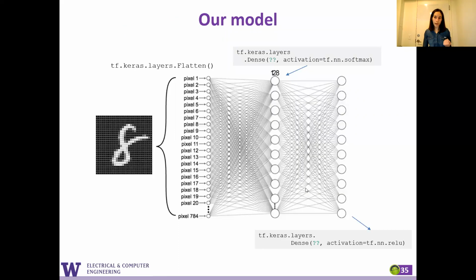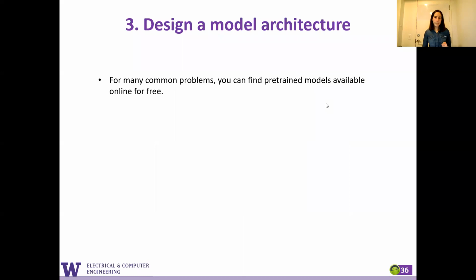We'll first create this dense, fully connected network, and in the last part we will change the model. This is one key point for designing the model architecture. There are many free and available models, and we use one, for example, in the assignment for face recognition.